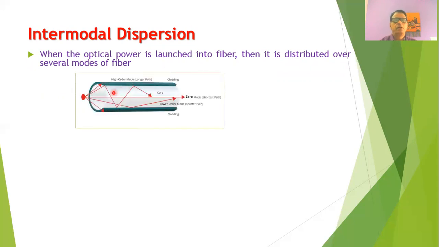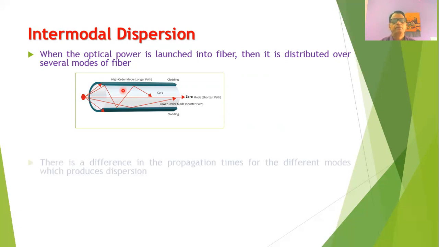For example, some of the light rays will travel along the axis of the fiber, and this is called the zero mode. This path of the light ray is the shortest path. Some of the light rays will travel along a zigzag path along the fiber, and in that case they will have different modes of propagation through the optical fiber.